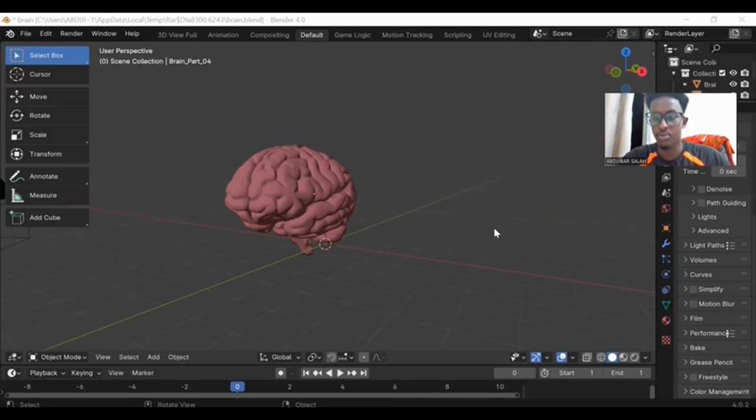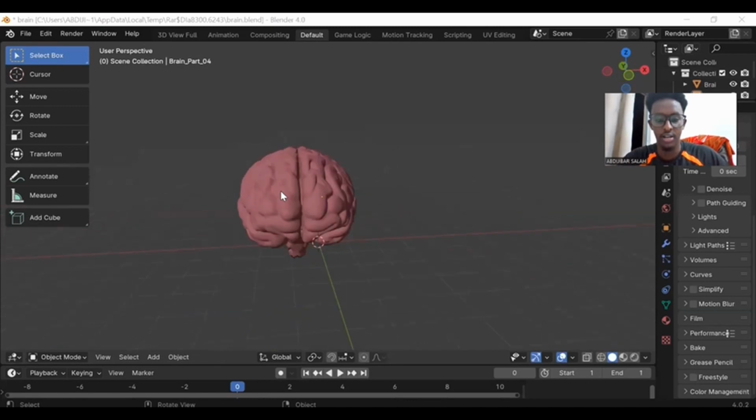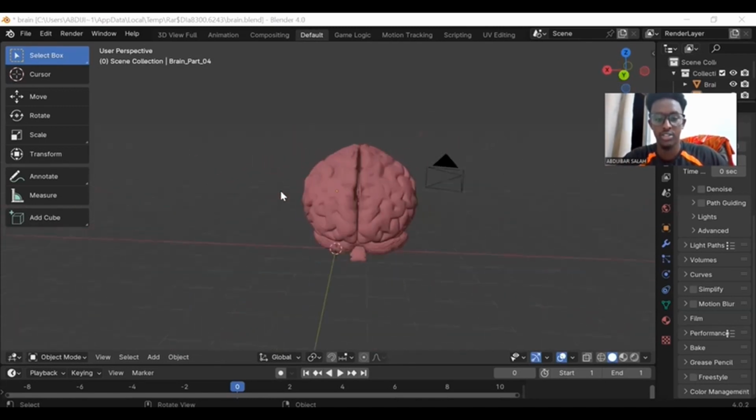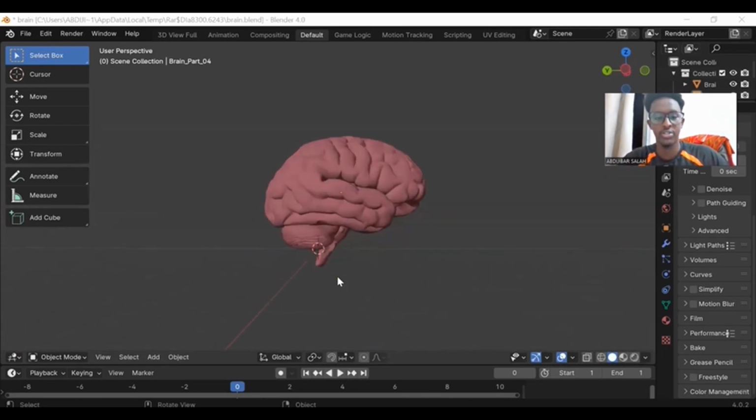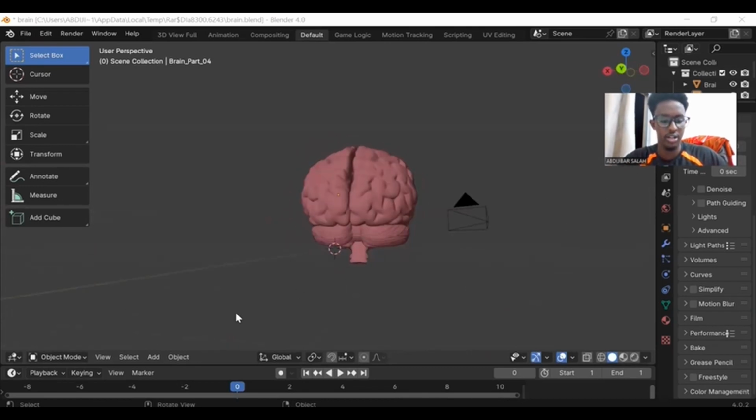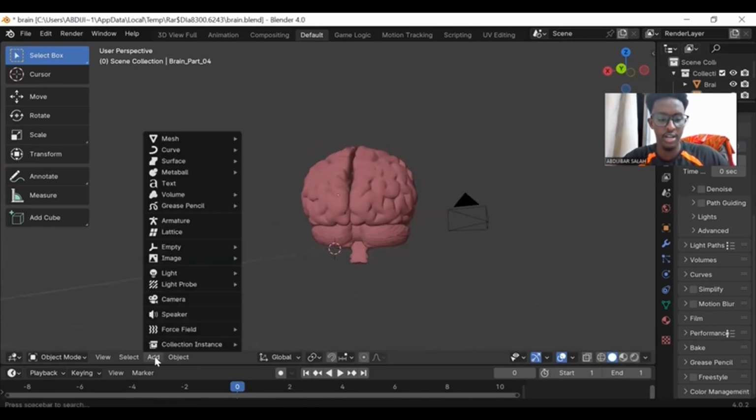I would like to talk about my designing. My design was an image of the brain. You can see here. First of all, when you want to do the brain designing in Blender, you can add here the image reference. Then you can select here.